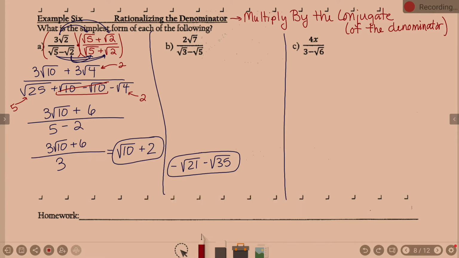What is the conjugate of 3 minus square root of 6? 3 plus square root of 6. If I multiply the denominator by 3 plus square root of 6, we're going to multiply the numerator. Now realize it is possible sometimes you might have to FOIL in the numerator. That is possible. It's just not happening in our examples right here.